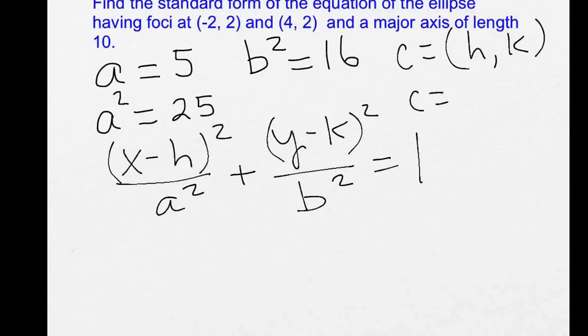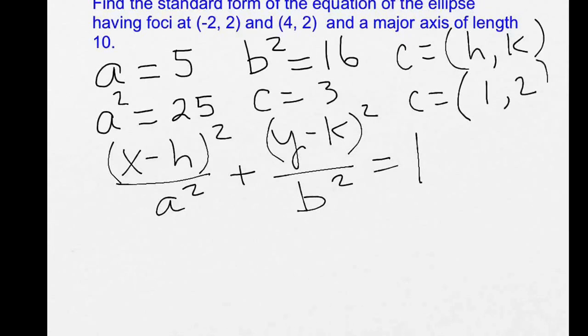between the two foci. Since we found out that c was equal to 3, we know we need to add 3 to the (-2, 2), and we're only going to add it to the x. So that's going to be -2 plus 3 is 1, 2. So there's my center. Now I am totally ready to just plug into my formula.